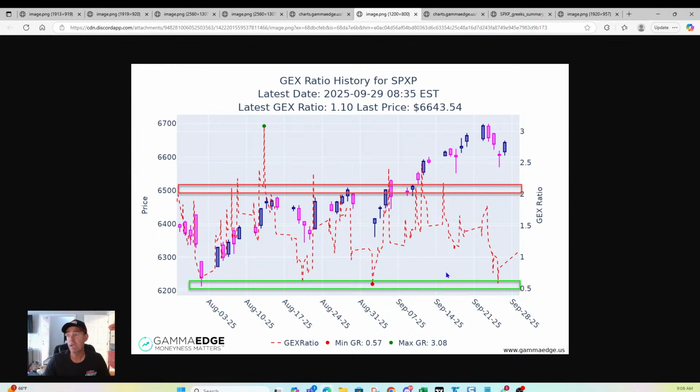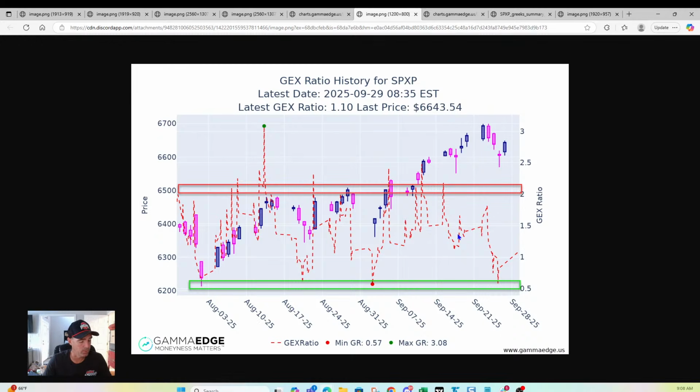SPX GEX ratio, this is what was posted last week. We're looking for these extremes. Again, historically, when we reach this 0.5 area, this is an area where we bounce within the SPXP. And then when we reach this 2 area, 1.82 to the upside, this is an area to take notice that we could see some extremes or some frothiness in the overall price action.